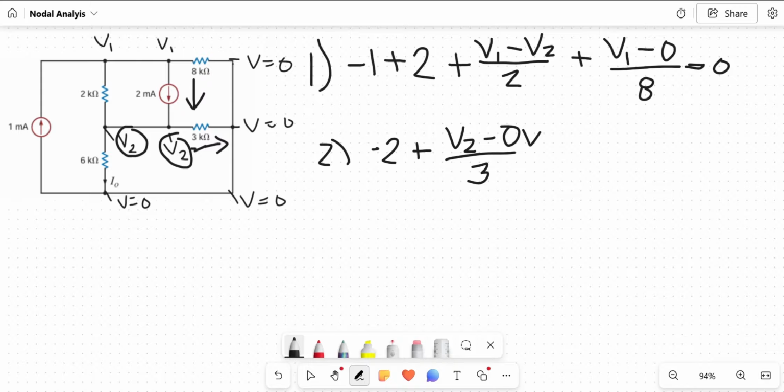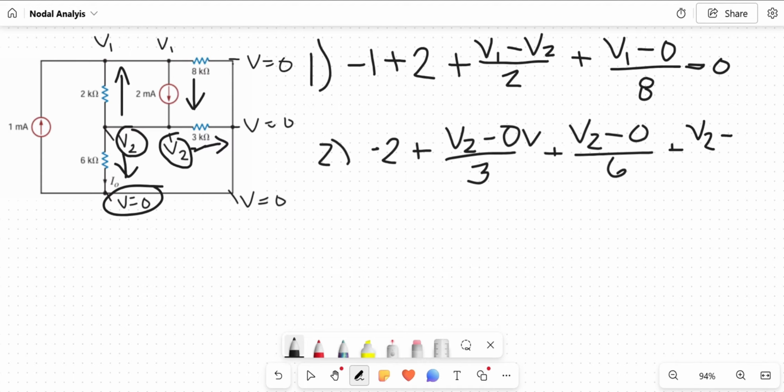And since, again, this is ground as well, the current going from V2 to ground will be plus V2 minus 0 over 6. And lastly, the current going from here to here will be plus V2 minus V1 over 2 equals 0.